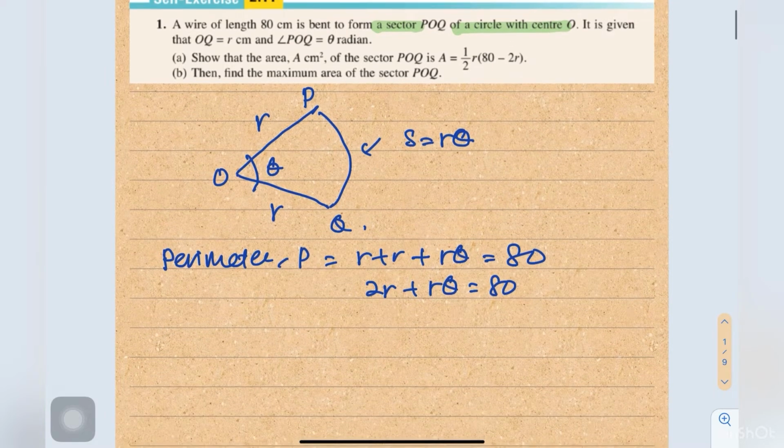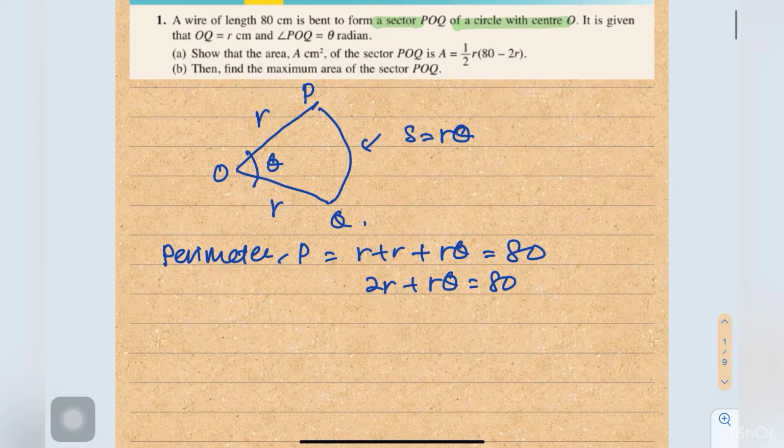So here we have to show the area of the sector equals 1 over 2 R, 80 minus 2R. In the topic of circular measure, we have the formula area of sector is 1 over 2 R squared theta. Here we can see we have two unknowns, R and theta.